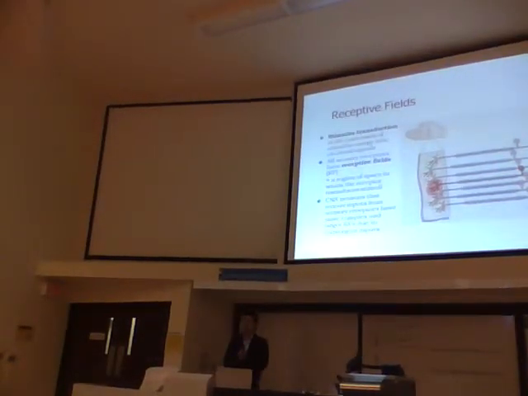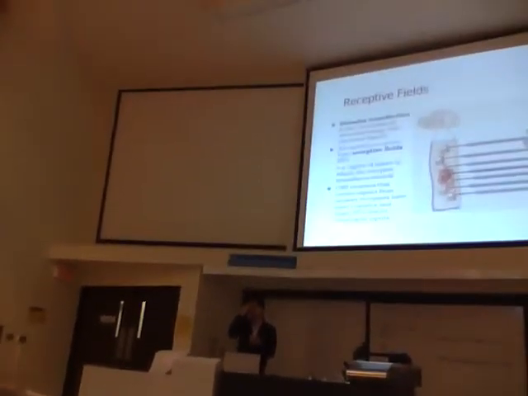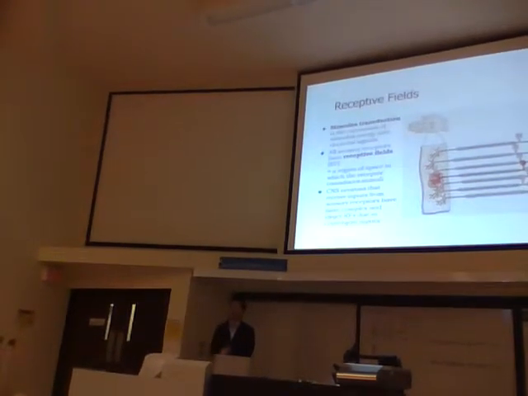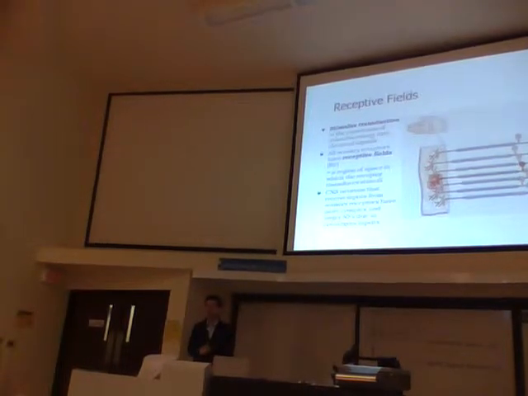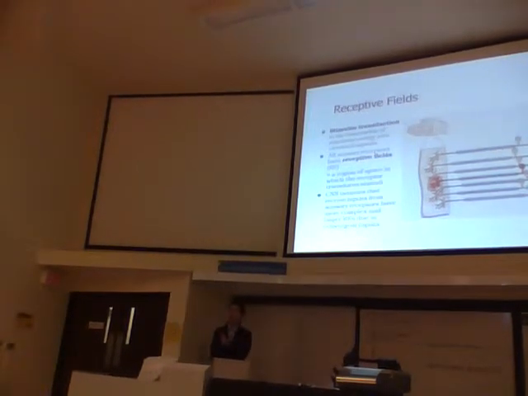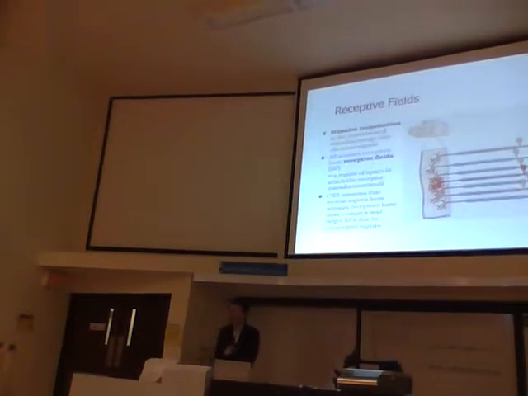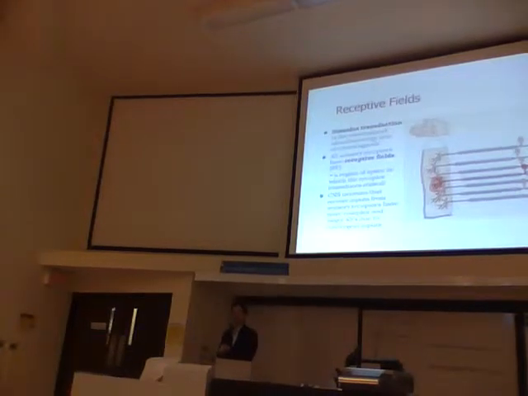So each sensory receptor has a receptive field. And in the case of the somatosensory system, the receptors that supply the surface of your skin, each individual receptor has a small restricted area of space or area of skin in which it is capable of receiving stimuli.